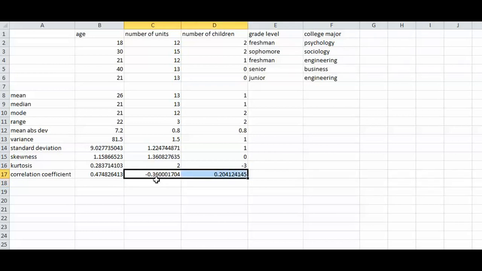The negative 0.36 is actually a stronger correlation than the positive 0.20, because the strength is just how far it is from 0. So if you want to know which one is stronger, just ignore the negative sign, and then just look at which one is the bigger number, and that'll tell you which one is stronger.